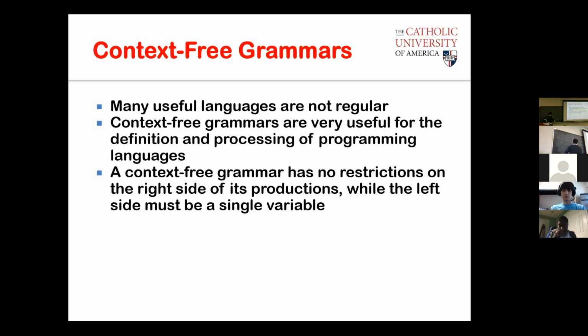This guy right here is your point of reference. This is the guy telling you whether it's left or right. Saying that the right side of the production has no restriction, any x. But the left side has to be a single variable. Okay, any question?